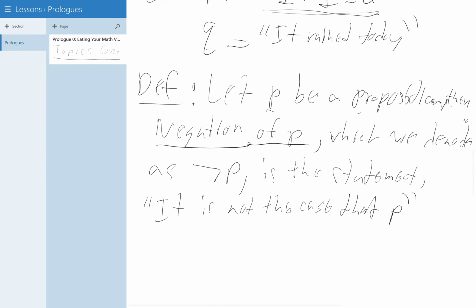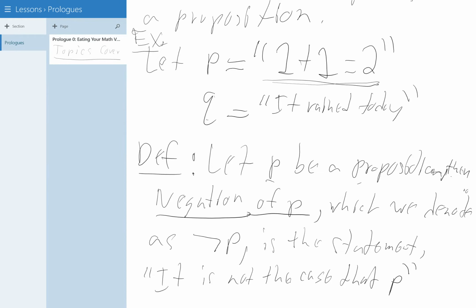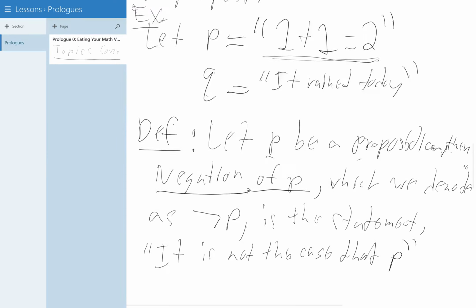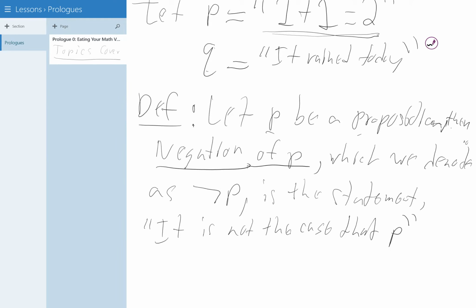So what does that mean? For example, if P equals 1 plus 1 equals 2, then not of P, or the negation of P, means it is not the case that 1 plus 1 equals 2. As you can see, this negation operator, we'll actually go into what an operator is. It's very similar to a function.